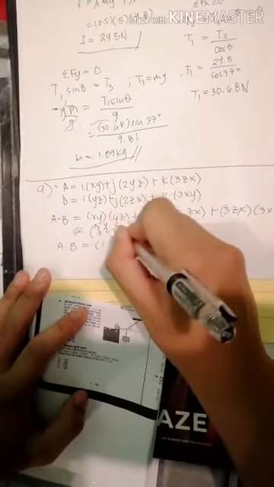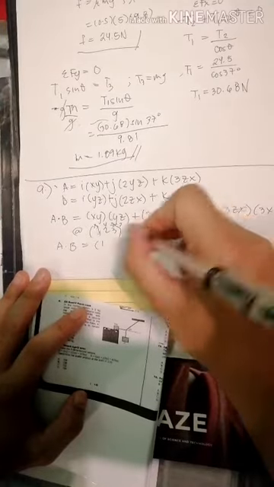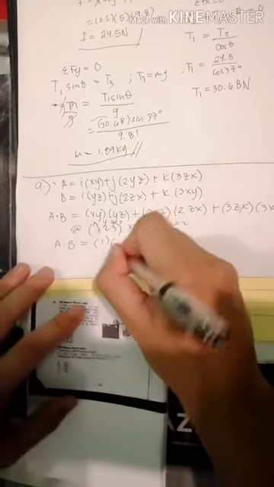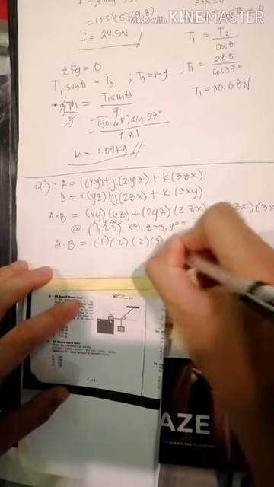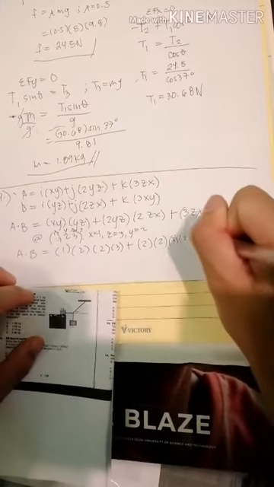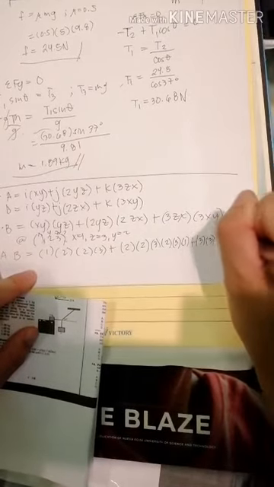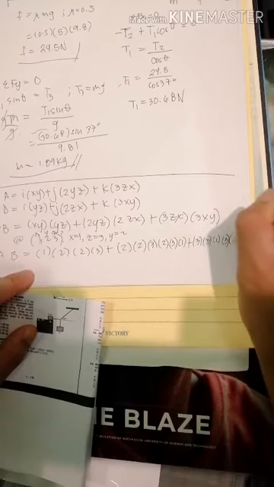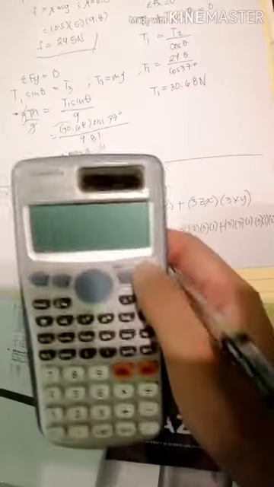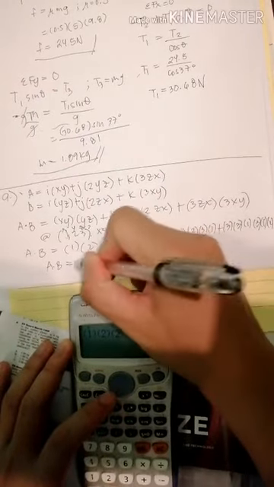This is x, y, and z. x is 1, z is 3, y is 2. Scalar product is 138.